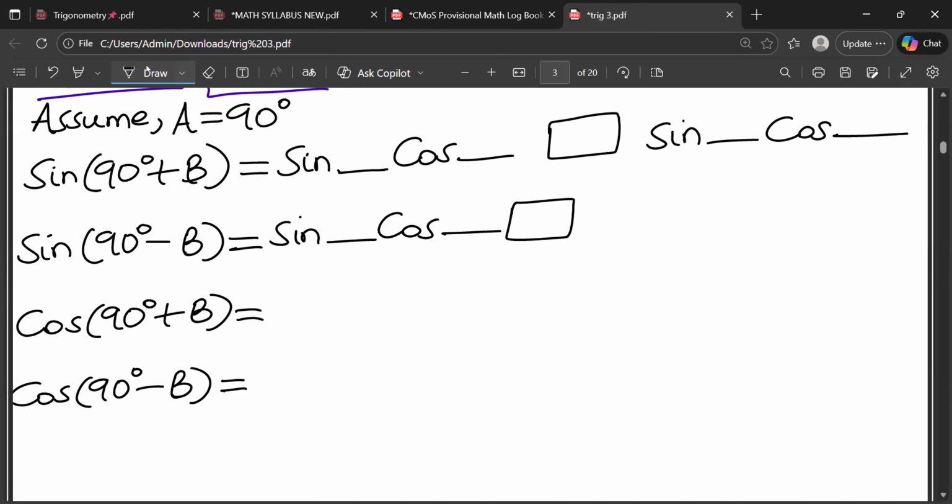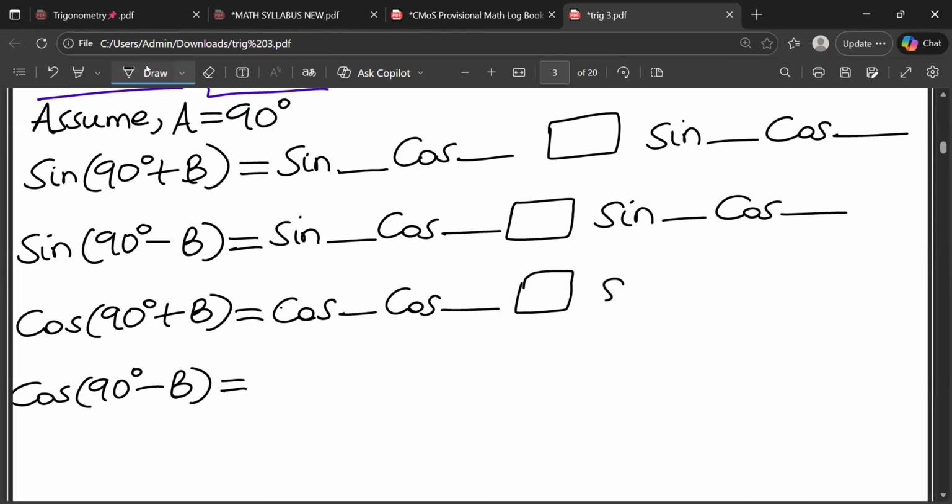Then here, same thing, sine, then cos. Then for cos, what did we say? We said for cos of 90 degrees plus B, it's going to be cos. So at least first recall that it is cos.